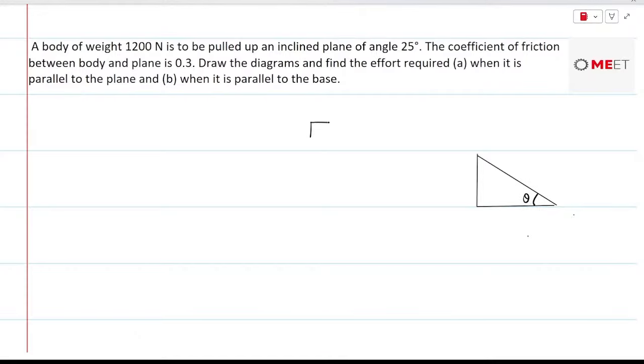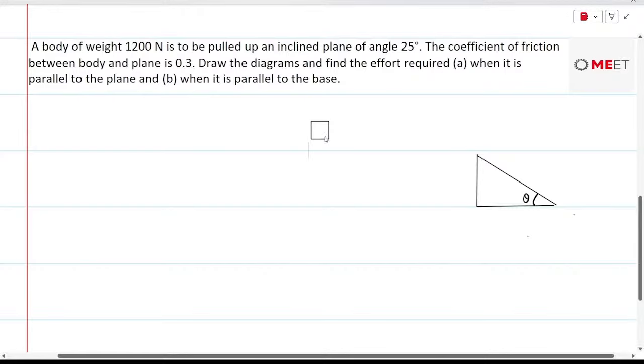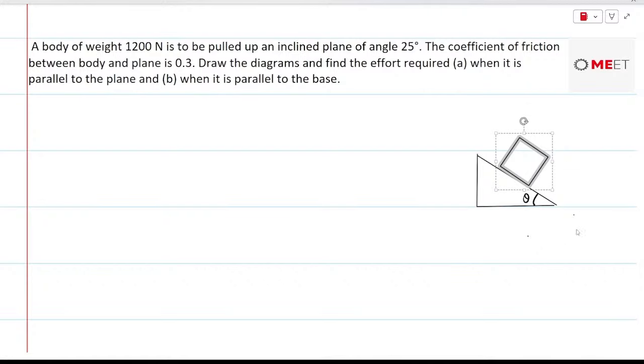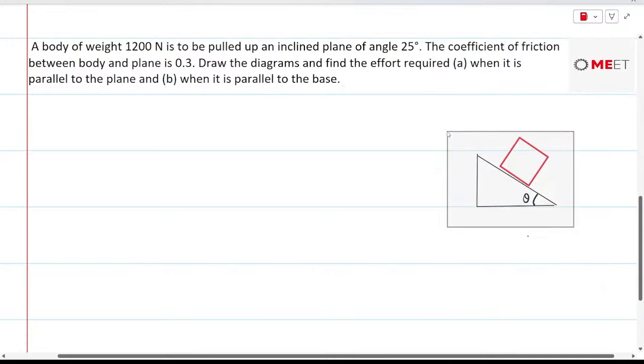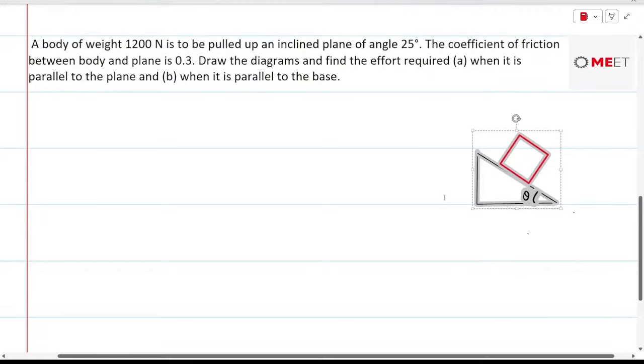Now the block is being placed on the inclined plane and this block is being pulled by a force. So the force first of all is applied parallel to the inclined plane, and in the second case the force has been applied parallel to the base.